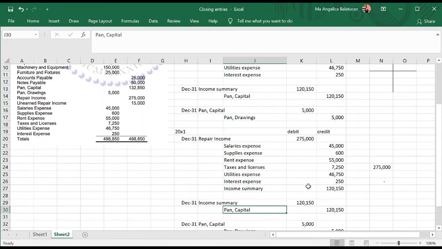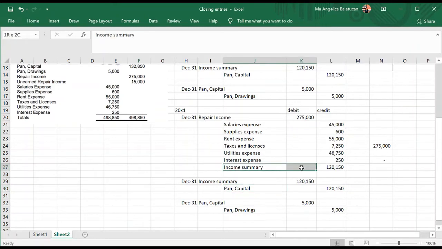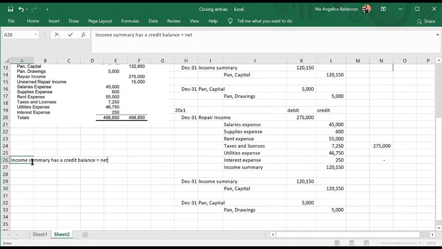And you need to remember that if the income summary has a credit balance, it means there is a net income. But if the income summary has a debit balance, it means it's a net loss.